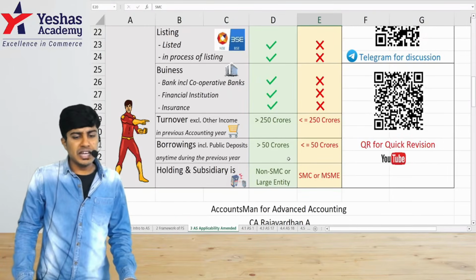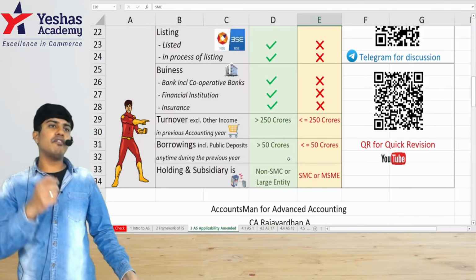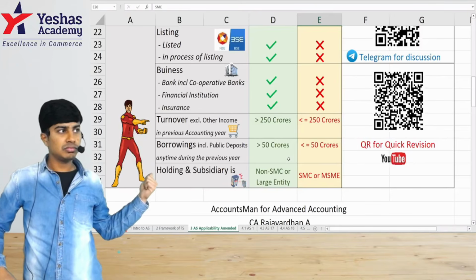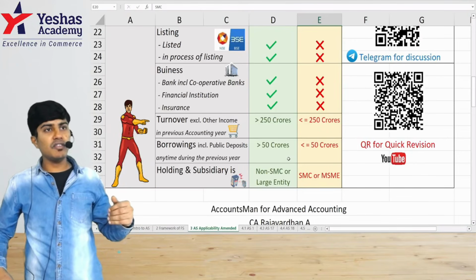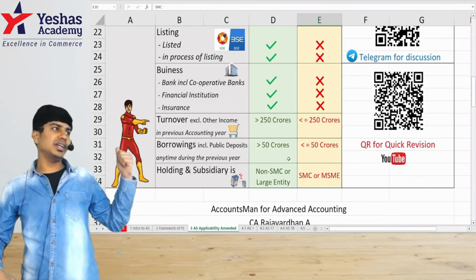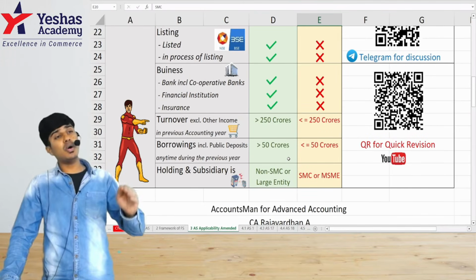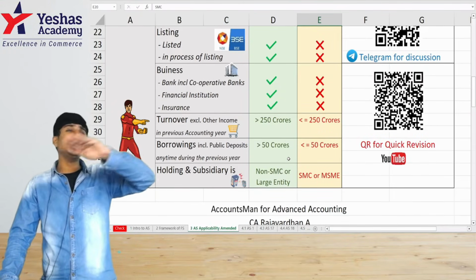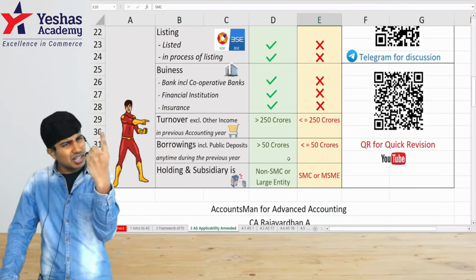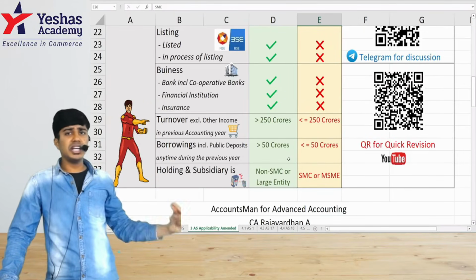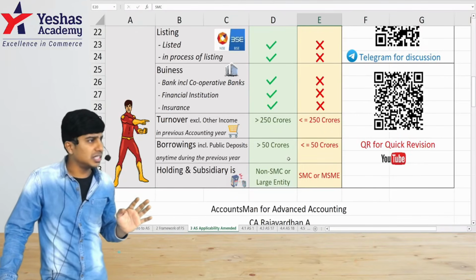Okay, very nice. And when we talk about turnover of 250 crores, it is the turnover of the previous accounting year, not the current year. It is the turnover of the previous completed accounting year, and it excludes other income. And when we talk about borrowings, it is borrowing of the previous year at any point of time. If on some one day during the year your borrowings are more than 50, the trigger is made and you become a large entity.